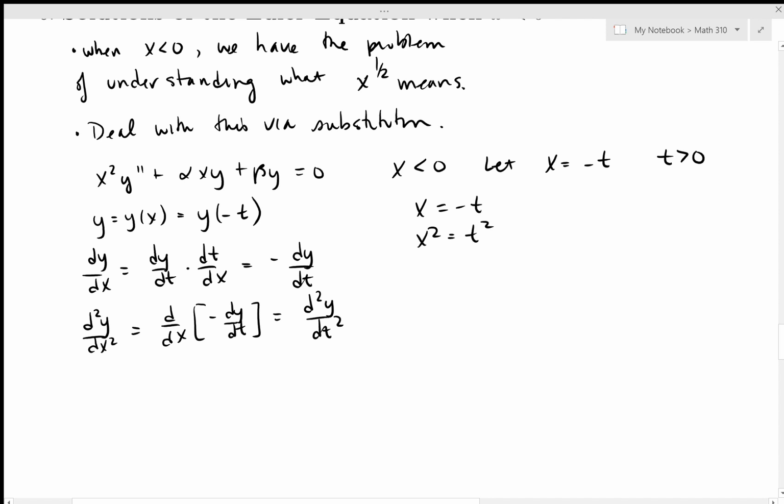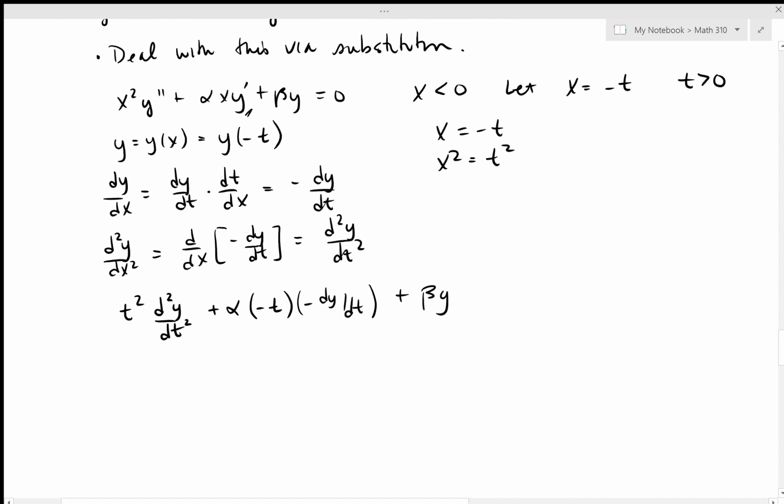So I get t squared times the second derivative, plus alpha times x, which is minus t, times y prime, which is minus dy by dt, and then the rest of it, beta times y.